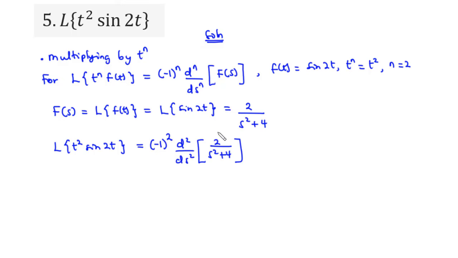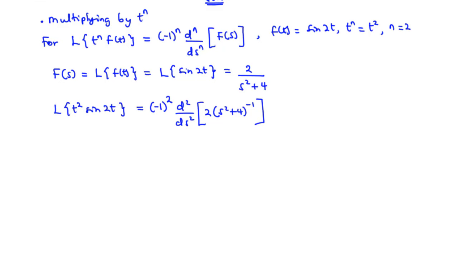Now we can further represent this as 2 times (s squared plus 4) to the power -1. So let's try to find the first derivative of this function and then the second derivative of this function, and then we multiply that by (-1) squared.